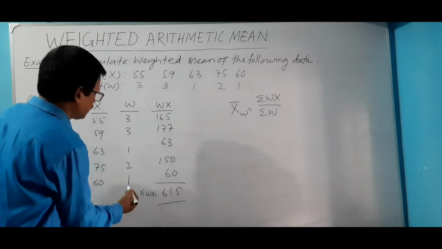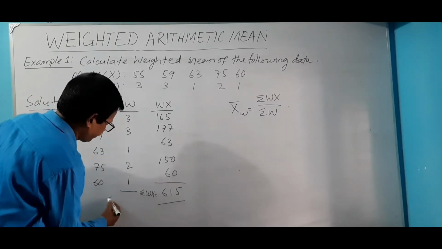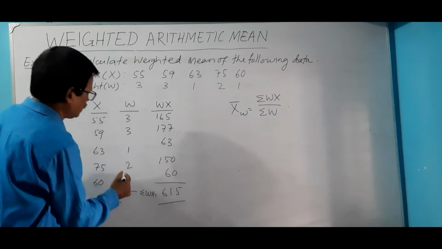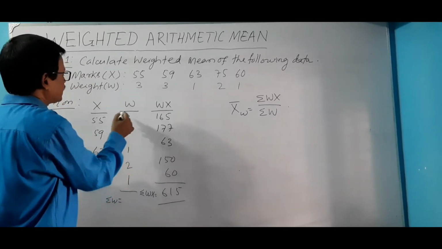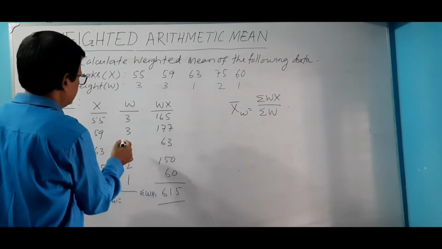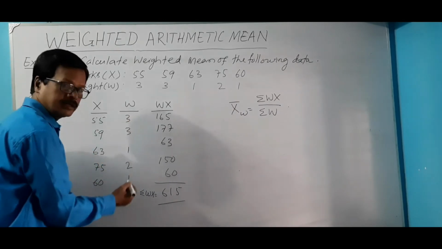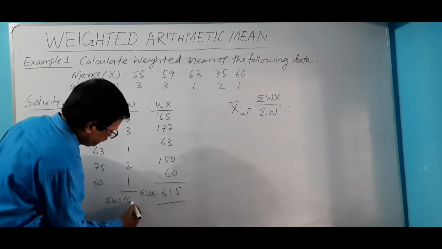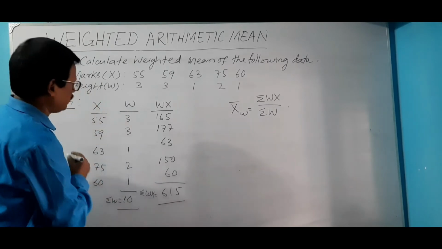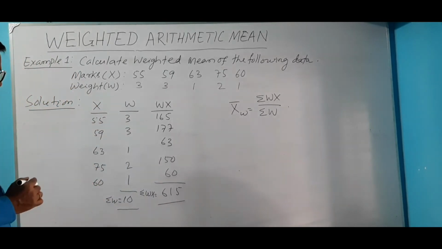Then what is summation W? It is equal to 3, 6, 7, 10. Summation W is equal to 10.